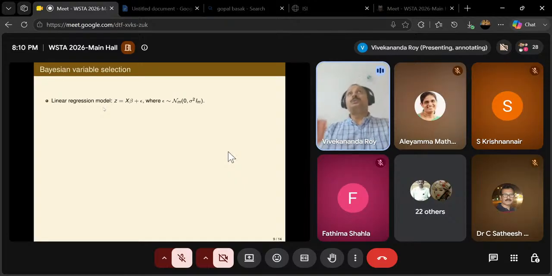Now, in the talks before, it was assumed that the number of variables was smaller than the number of observations, so P is less than N. That's the classical context. But as someone from the audience asked, when you have many more variables, how do you select?